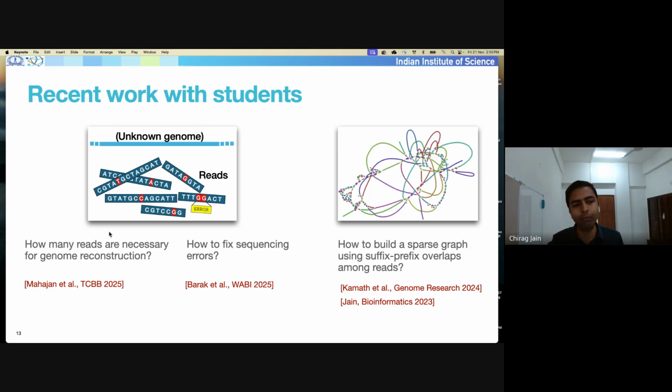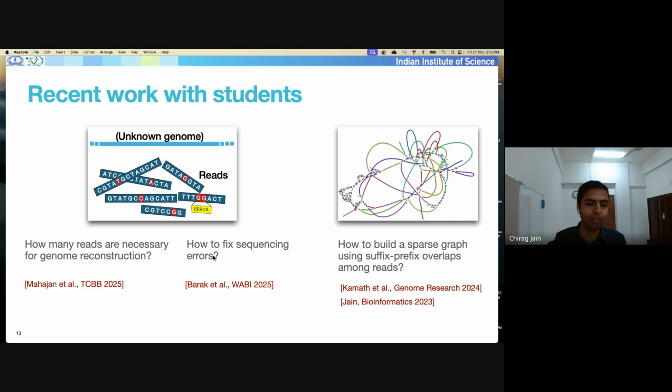This is an information theoretic question. What minimum information do I need during the sequencing process? How many minimum reads should I generate? What should be the minimum read length that algorithms require to do unambiguous genome reconstruction under some assumptions?